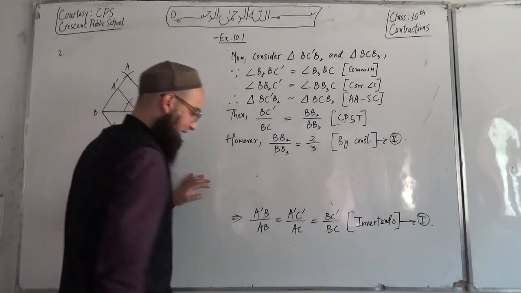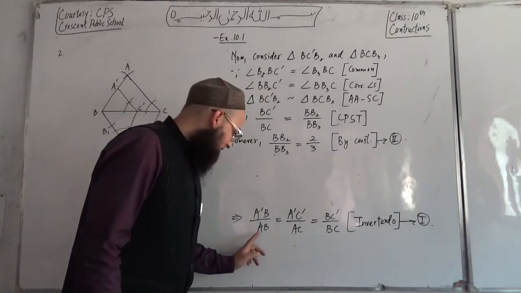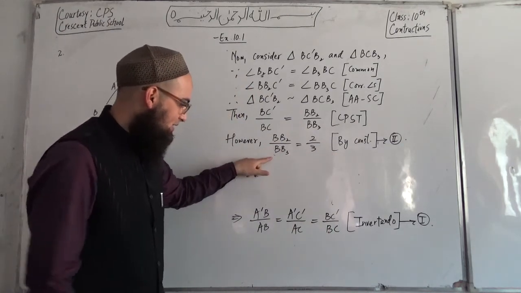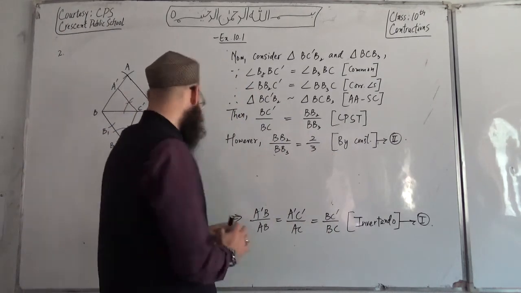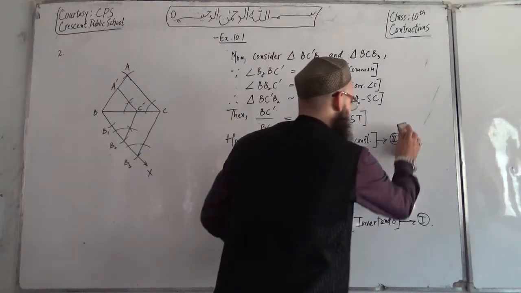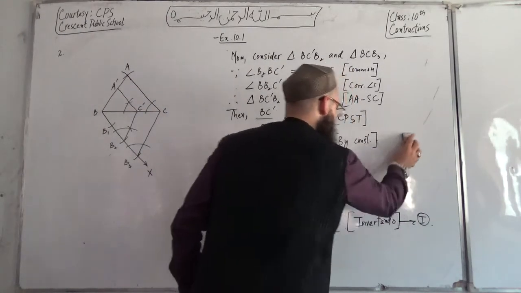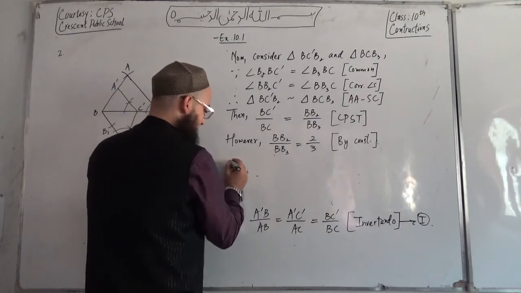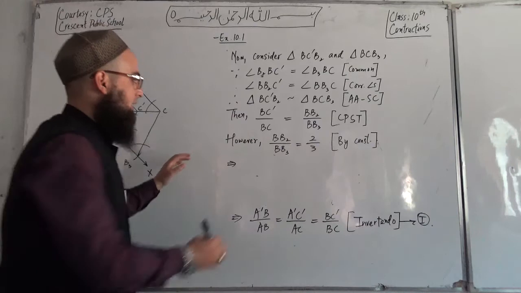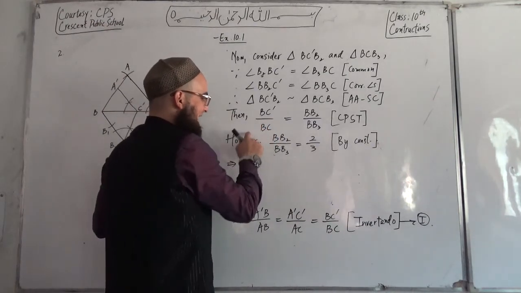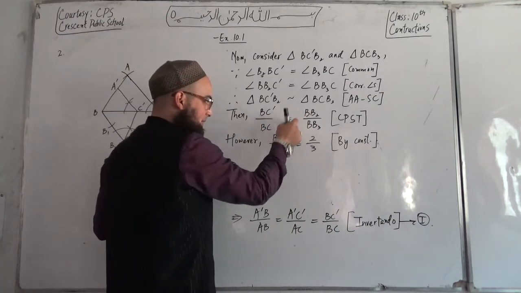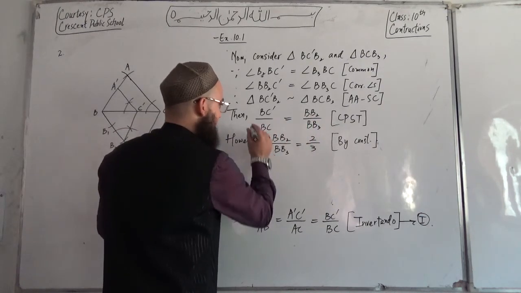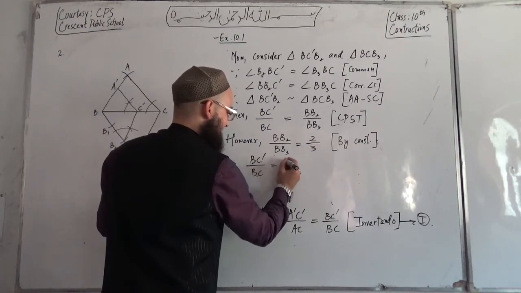Now observe first and second. First says that this is equal to this is equal to this. Second says this is equal to 2 by 3. By construction, you can say that BC dash by BC is equal to BB2 by BB3, but BB2 by BB3 is equal to 2 by 3, so BC dash by BC is equal to 2 by 3.